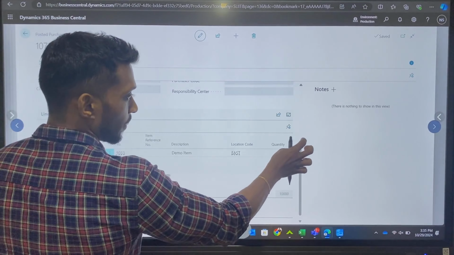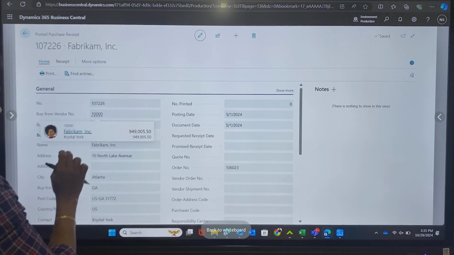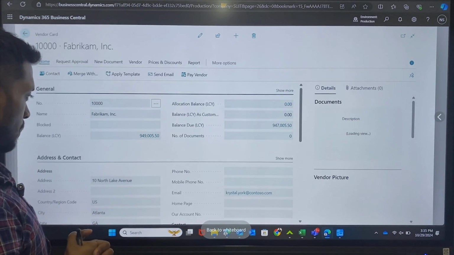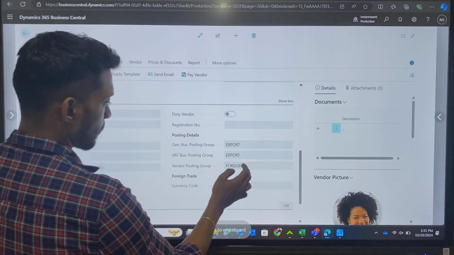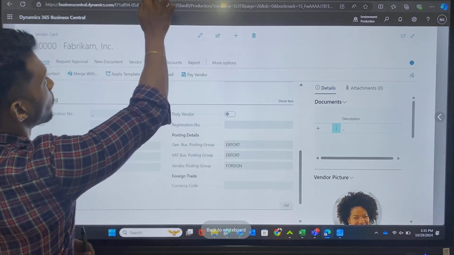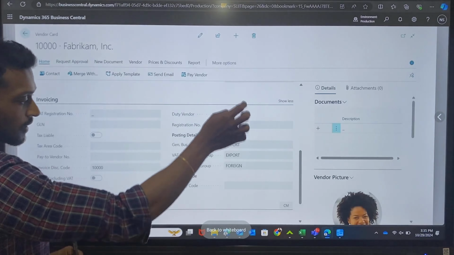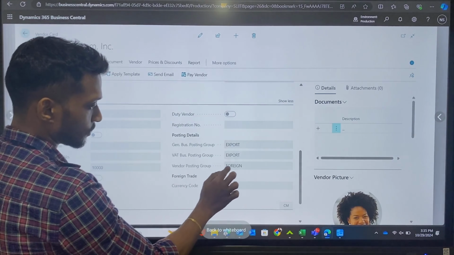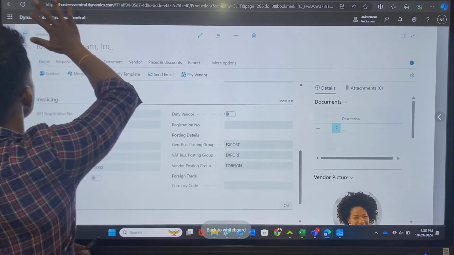If I go to the vendor, under that vendor we can see my business posting group is export. That's what I set up. And the vendor posting group was foreign. Keep in mind, business posting group is export.